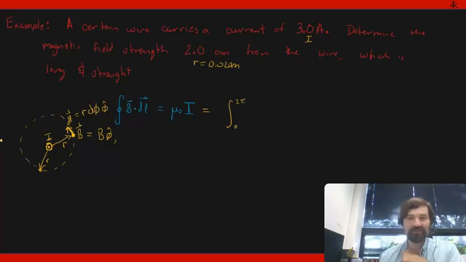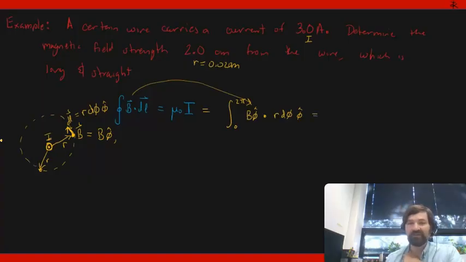And so what we end up with is B dot dl, so that's B times phi hat dot r d phi phi hat. So that is what this integral gives us. Phi hat dot phi hat is 1. So we're looking at an integral. If we pull all of the constants out, B is constant on this loop as long as it's centered on the wire. R likewise is constant.